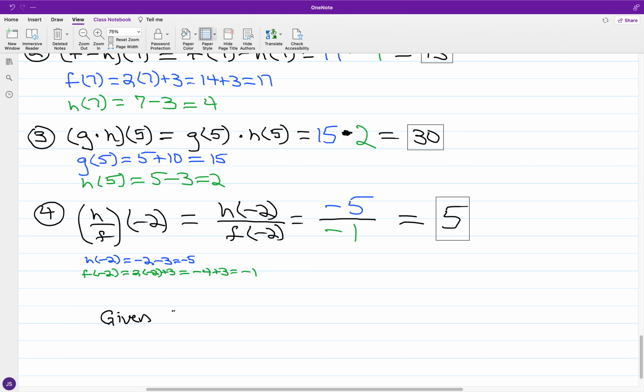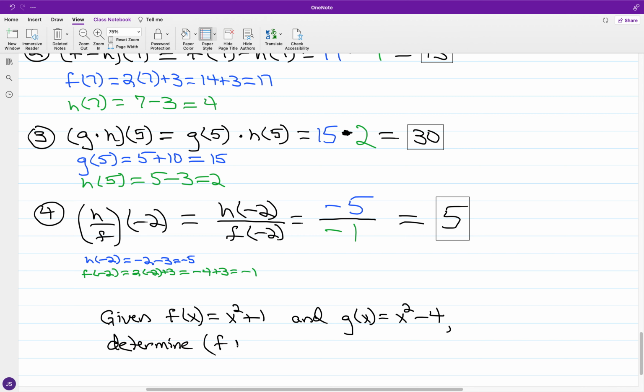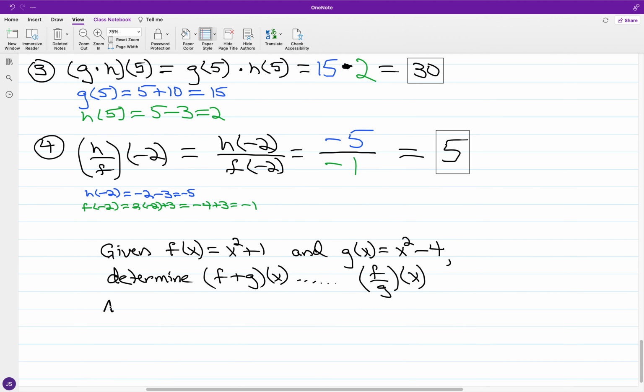Okay, so we have given f of x is equal to x squared plus 1 and g of x is equal to x squared minus 4, and say if you were to determine f plus g of x, again, all four of these operations and their respective domains.